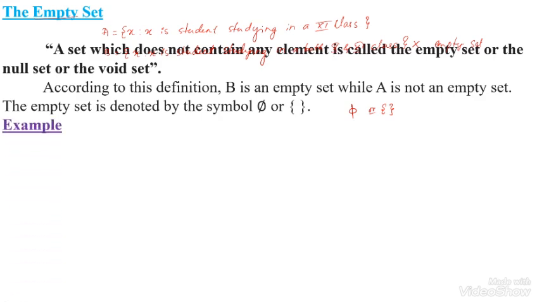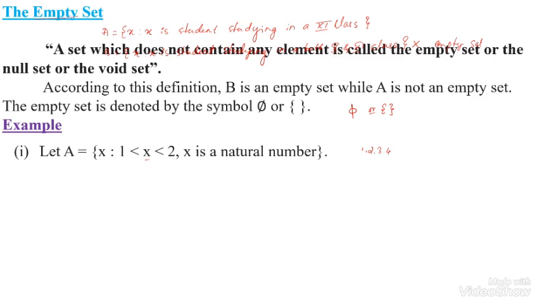Now we discuss the examples one by one. Let A be equal to the set of x such that 1 less than x less than 2, meaning the element x lies between 1 and 2, and x is a natural number. We already know the natural numbers start with 1, 2, 3, 4, 5 and so on.